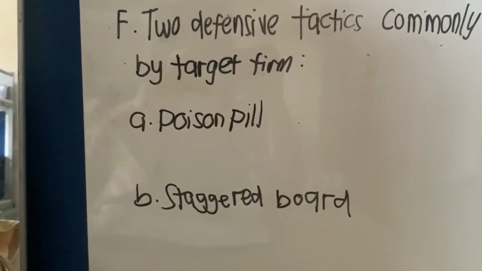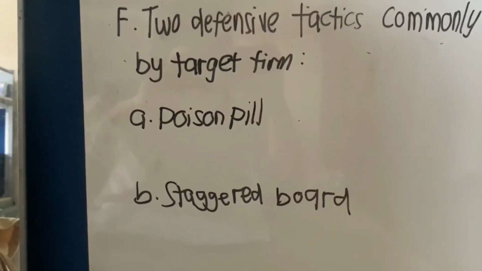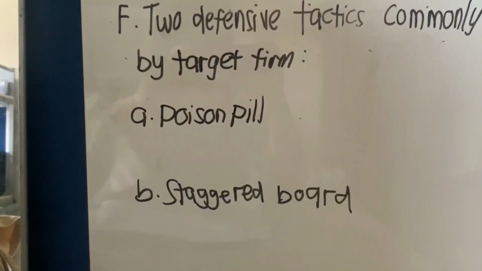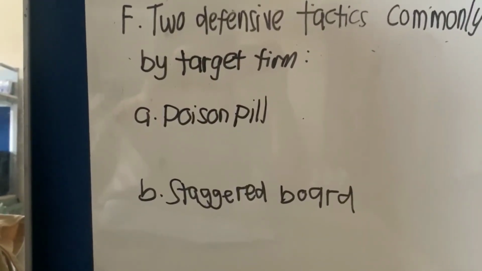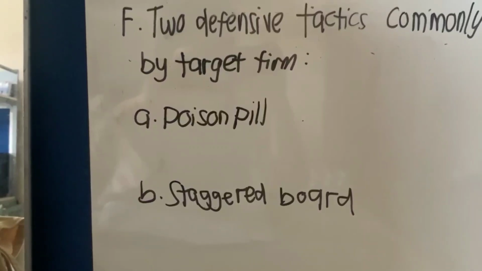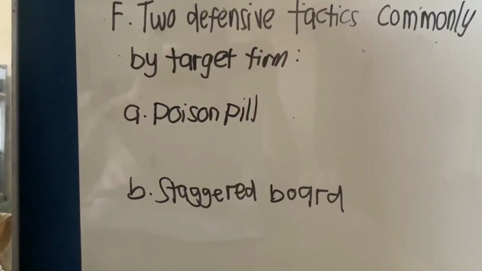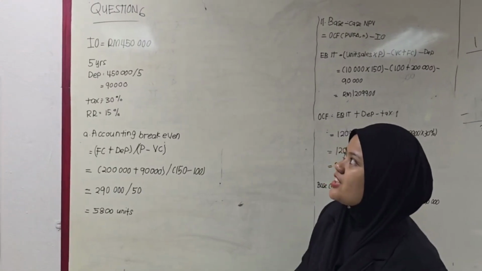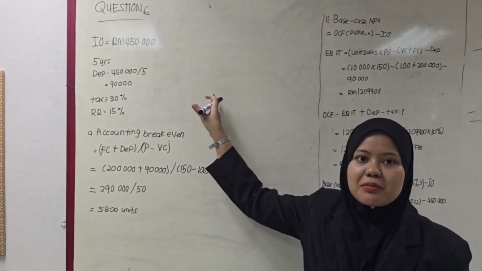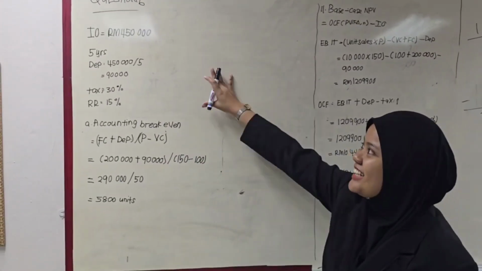It increases the time and effort required for an acquirer to replace a majority of the board, giving the target firm more time to consider alternatives or negotiate more favorable terms. So that. Okay, so ini adalah jawapan untuk question 6.